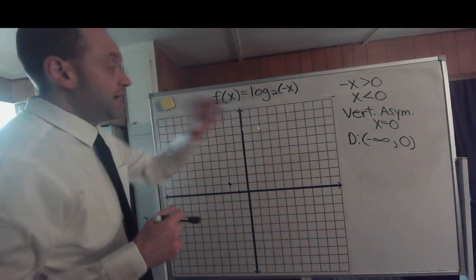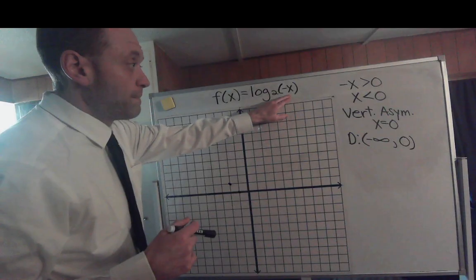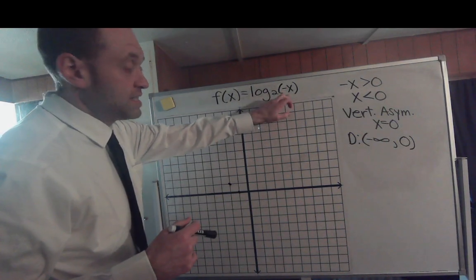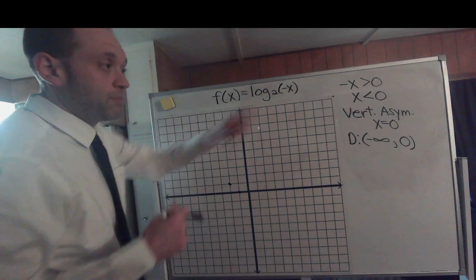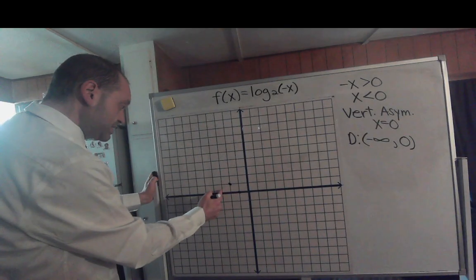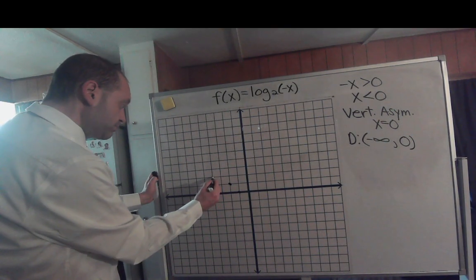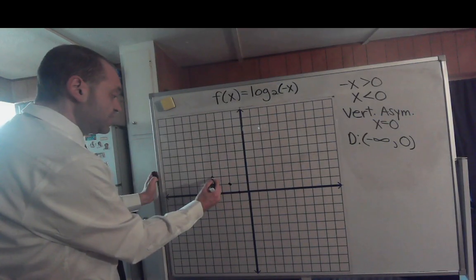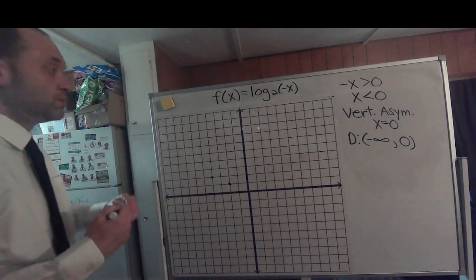Let's say I make x negative 4. That would give me positive 4 inside, so 2 to what power equals 4? That'd be 2. So when x equals negative 4, y will equal 2.